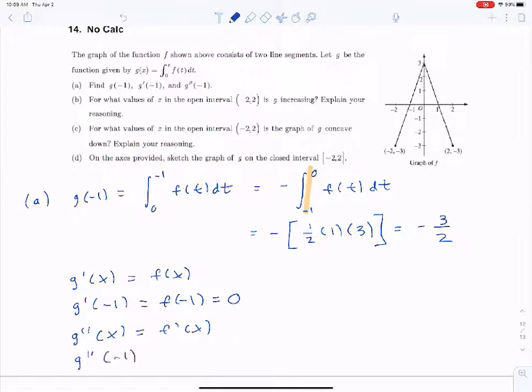So they're asking, what is the slope of the tangent line at -1? In order to figure that out, I'm going to figure out the slope of this line, which appears to be 3/1. So it appears to be 3, unless I counted wrong. Regarding question A, do you have any follow-ups?